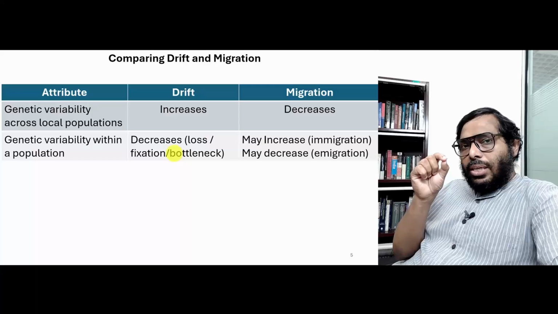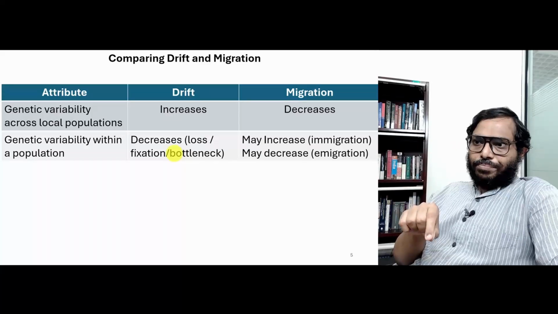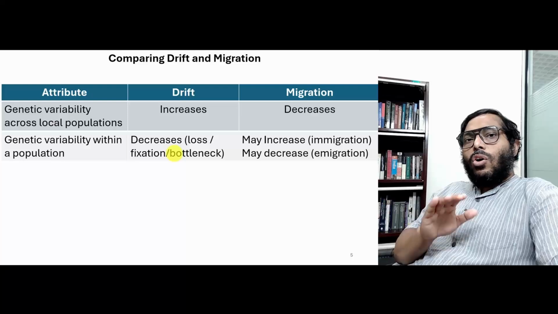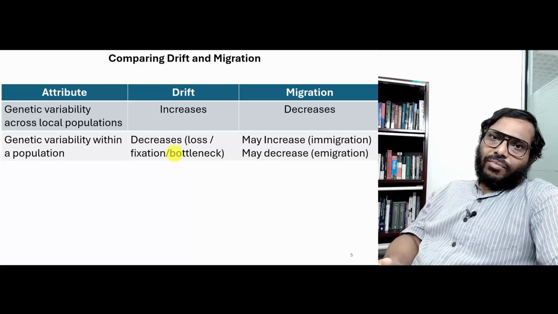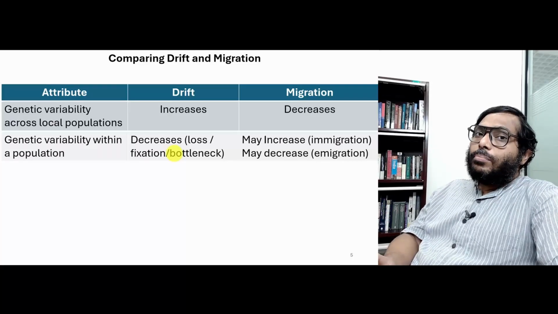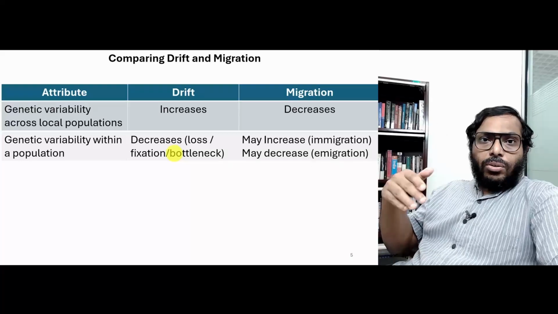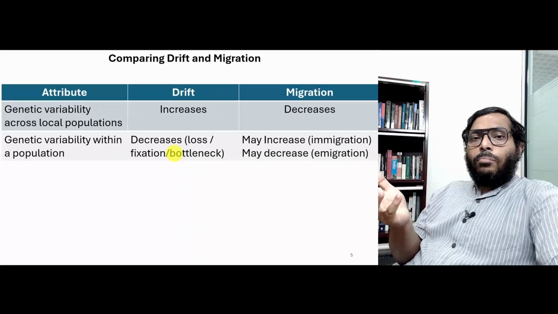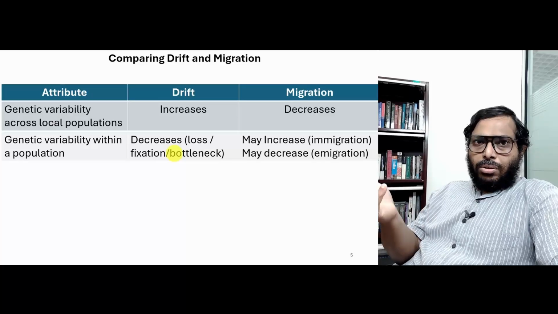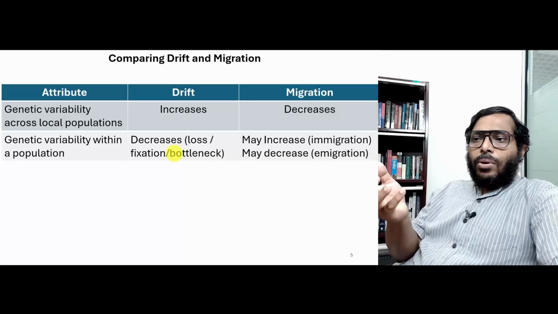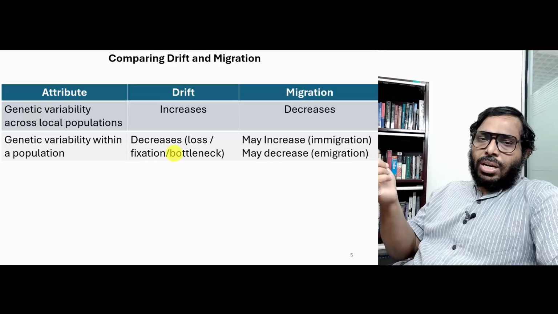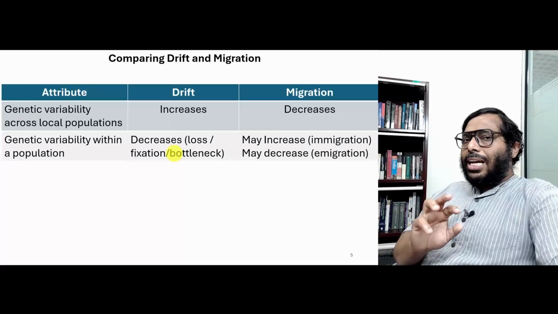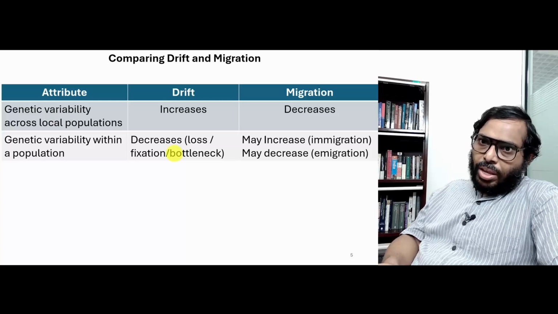Now, if you look at genetic variability within a population, there things are slightly different. So, drift in general causes a decrease in the variability. This can happen either because a population due to drifting either fixes or loses an allele, or if you have a bottleneck effect or founder effect, then you can end up having again loss or fixation due to the same thing. In the context of migration, it is actually a little bit more complicated.